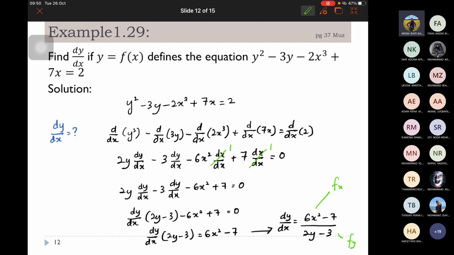Nanti sekejap lagi saya tunjuk kalau guna teorem. Terbeza dia implicitly. Secara tersirat. Ini sebenarnya daripada Engineering Mathematics 1. But let's say for example, we want to use the theorem.